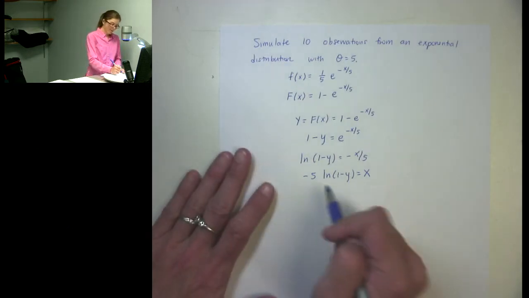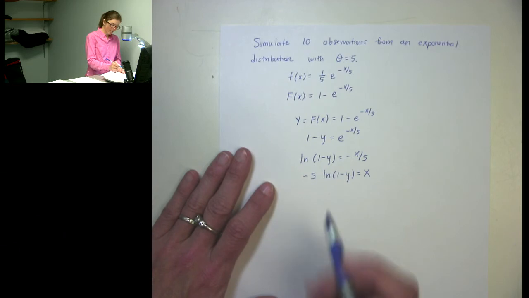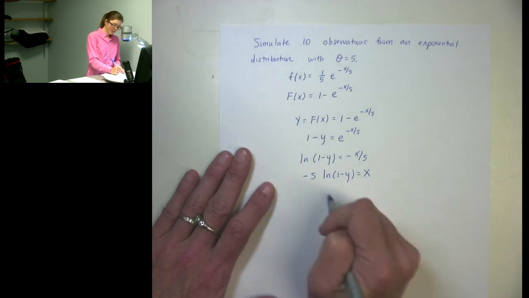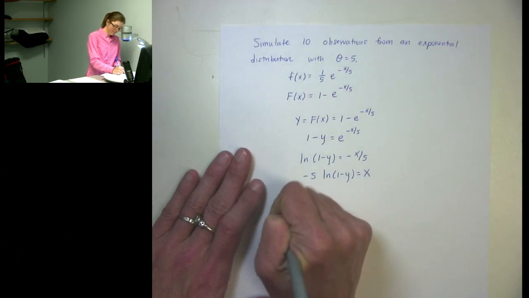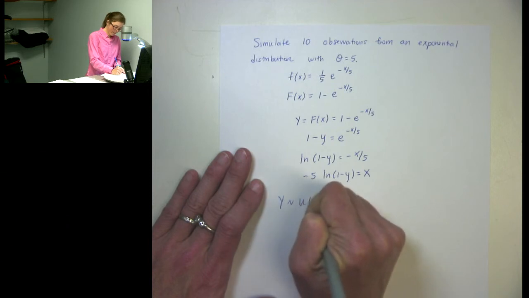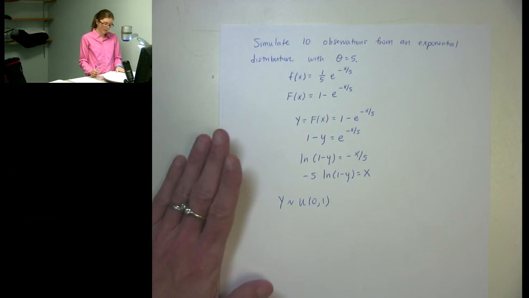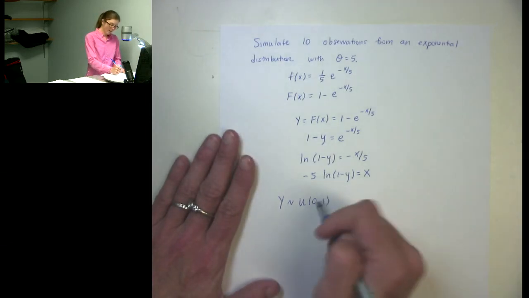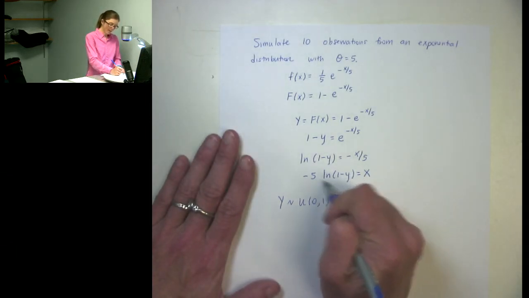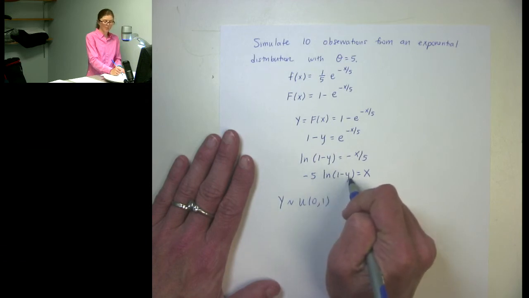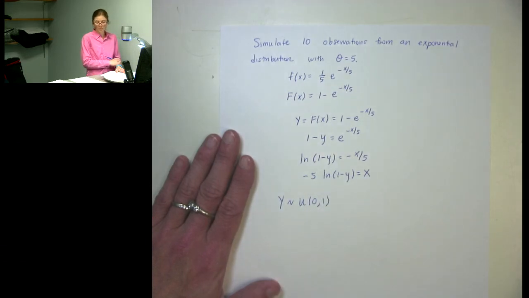So now that I have my inverse function, all I'm going to do is generate an observation from a uniform distribution on the interval from 0 to 1. Once I have my number y, I'm just going to calculate minus 5 times the natural log of 1 minus that value that I simulate, and it's going to give me an observation.